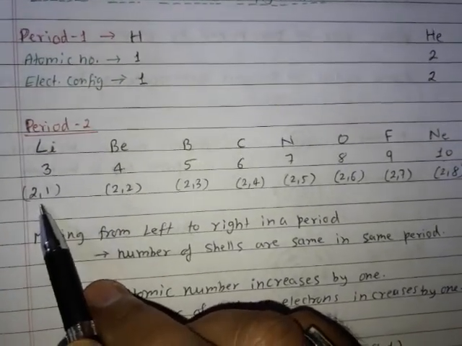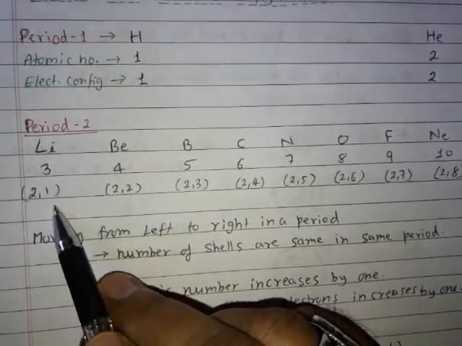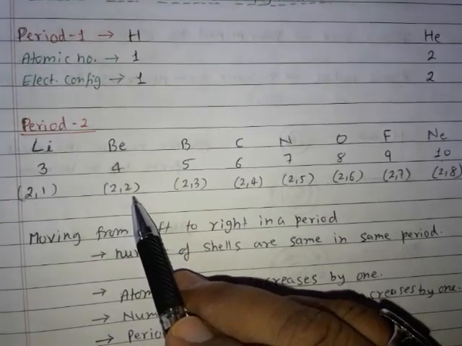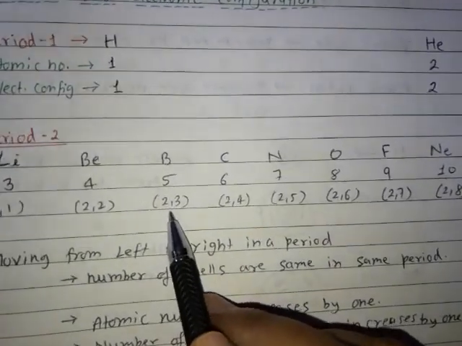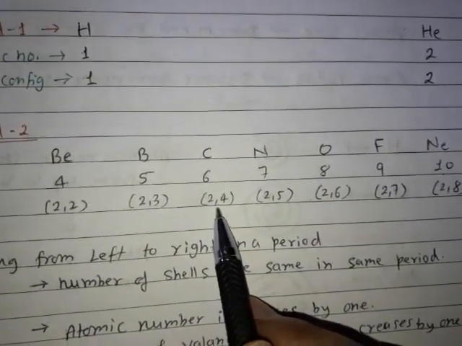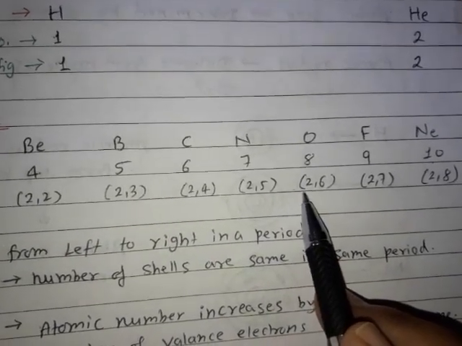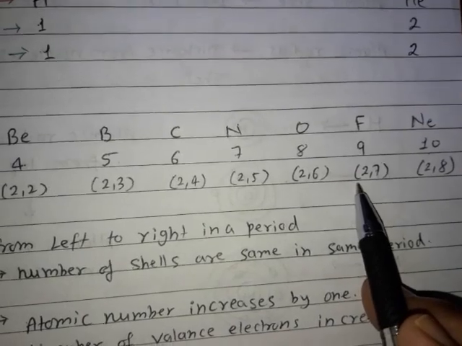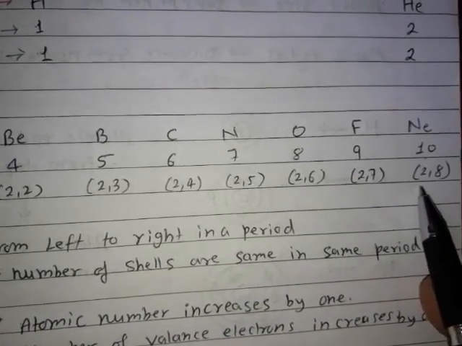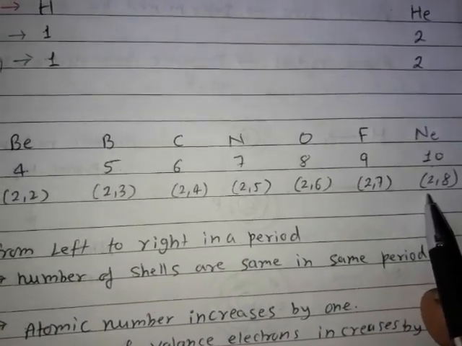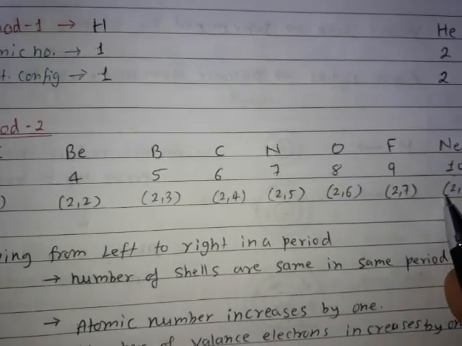Electronic configurations of the elements: lithium has 2, 1, beryllium has 2, 2, boron has 2, 3, carbon has 2, 4, nitrogen has 2, 5, oxygen has 2, 6, fluorine has 2, 7, and finally neon has 2, 8. This is a zero group element.